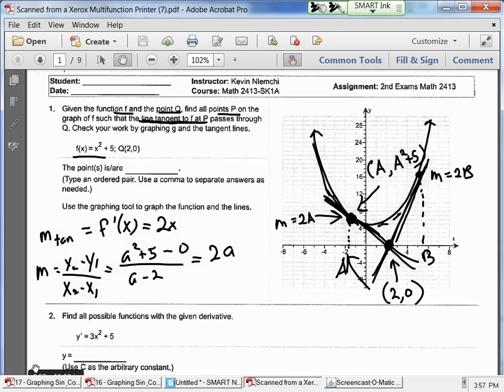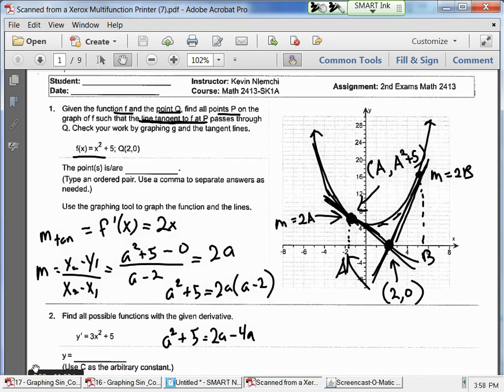So what we're going to do is figure out what that a value is. We'll find that we have two values for a, one over here and another over on the right hand side. Simplifying that, we have a squared plus 5 over a minus 2 equals 2a. Multiply both sides by a minus 2, and we now have a squared plus 5 equals 2a squared minus 4a.